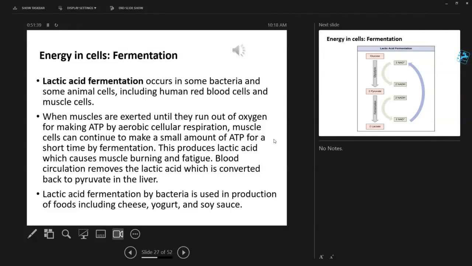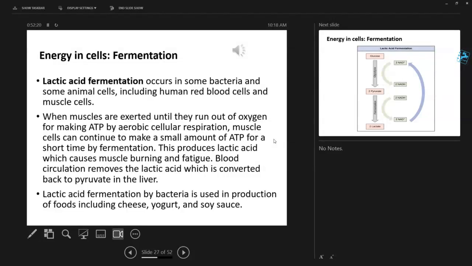It's called lactic acid fermentation because it makes lactic acid as a waste product or byproduct. So if you use your muscles so much they run out of oxygen, they can switch to fermentation and keep making ATP, but only for a while and not very much ATP, because the problem with fermentation in your muscle cells is instead of 36 ATP from a glucose molecule, this makes only two ATP.